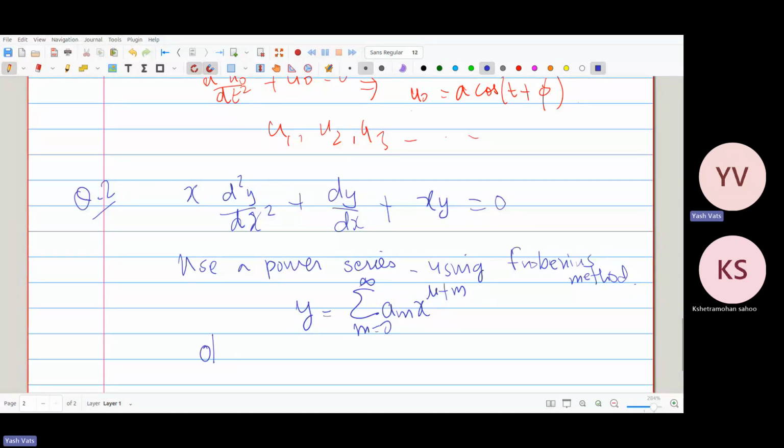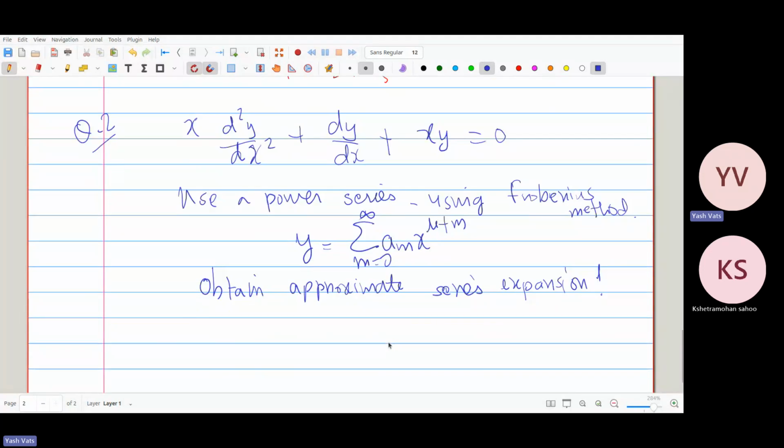Then you obtain the approximate series expansion, meaning try to find these coefficients a_m, m equals 0 to infinity. We will try this now and let's see. 5 minutes.